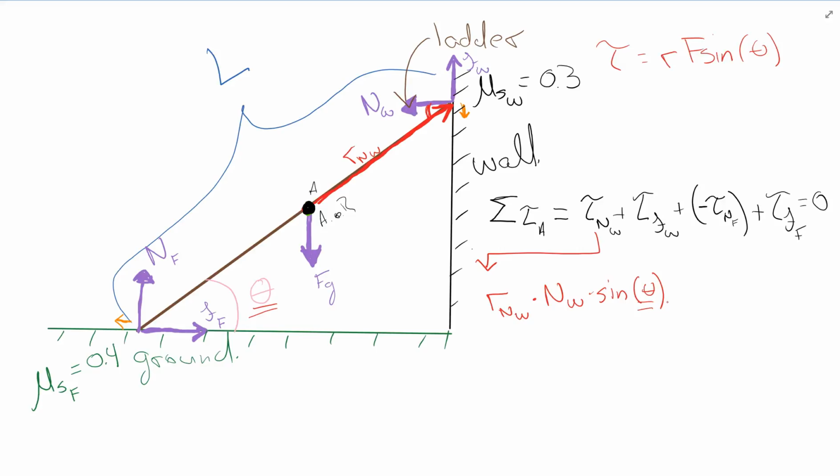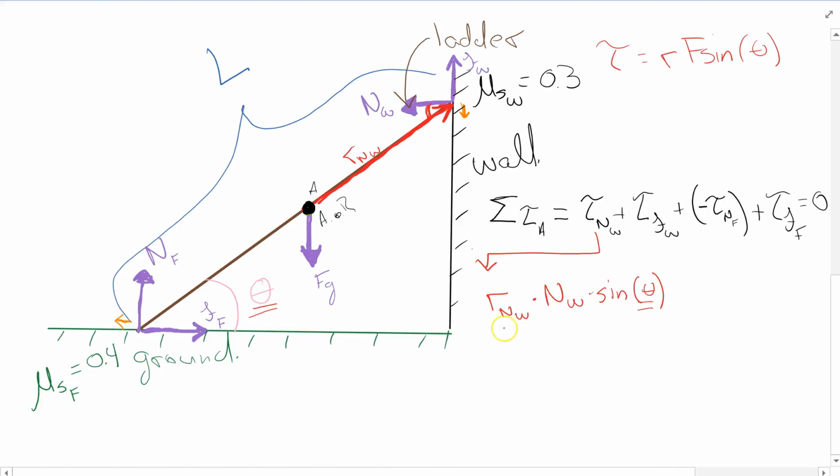The next thing I need to worry about is what is my lever arm? Well, I know that my axis of rotation is in the middle of the ladder, and my lever arm is pointing from the middle of the ladder all the way to the end of the ladder. And if my ladder has a length of L, then my lever arm is going to be L over 2.